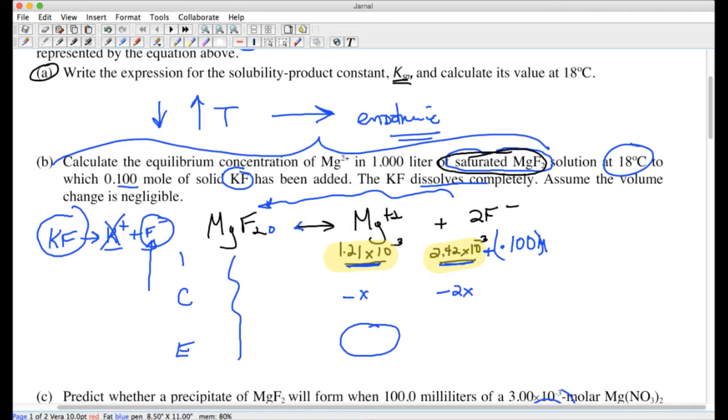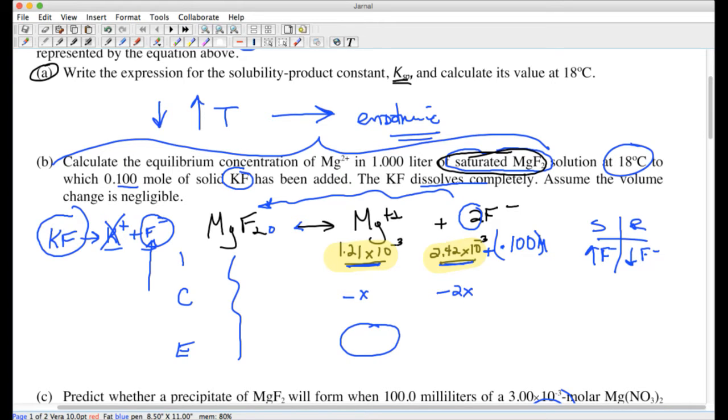So the reaction is going to shift by Le Chatelier's principle. Remember, stress, response. The stress is we're increasing F negative by adding KF. The response is to lower F negative. So this reaction is going to become more spontaneous in the reverse, so it's going to go to the left. Why twice as much? Because of this 2. Don't forget the stoichiometry.